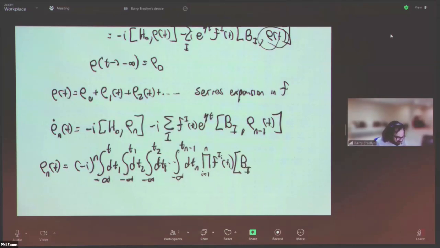We get commutators of b sub I1 of t1 minus t with commutator b sub I2, t2 minus t. Commutators all the way down to b sub In, tn minus t with rho naught.